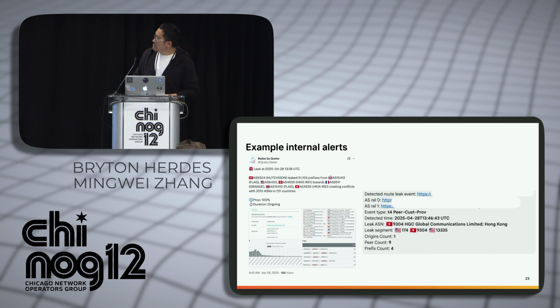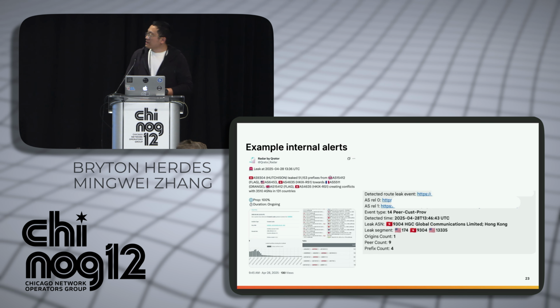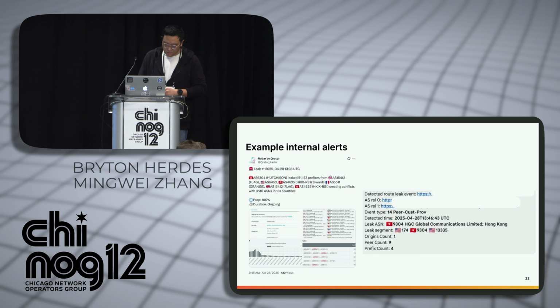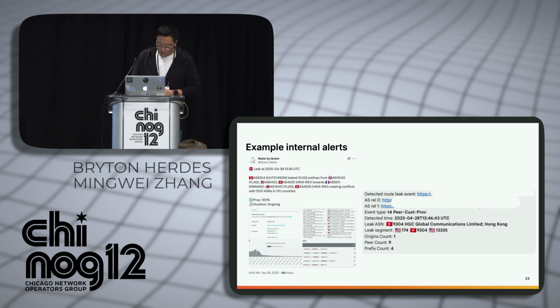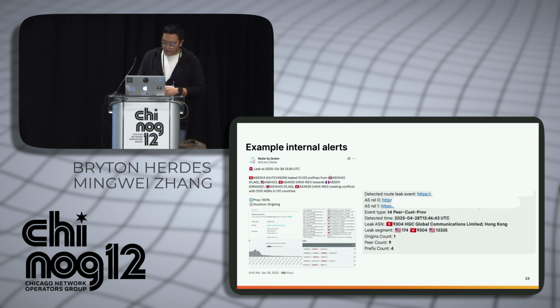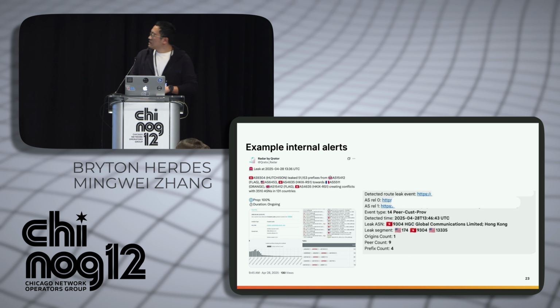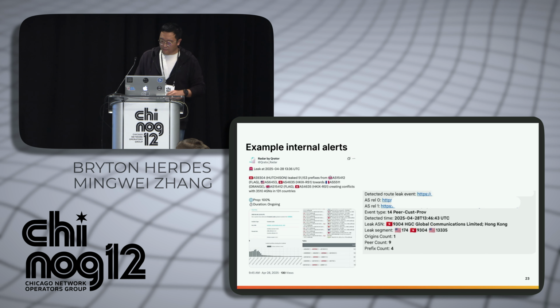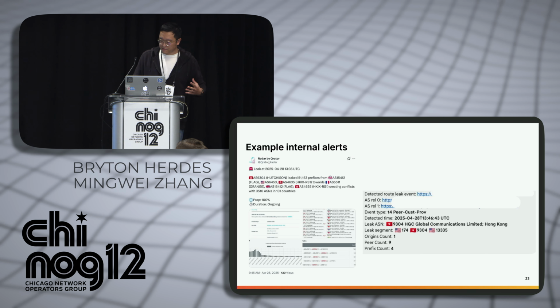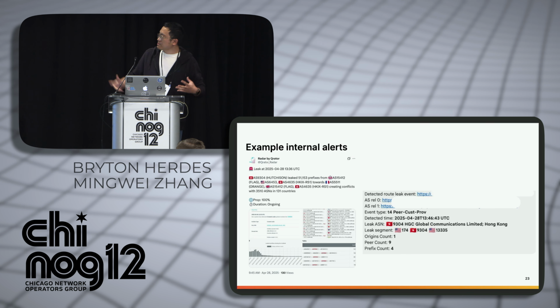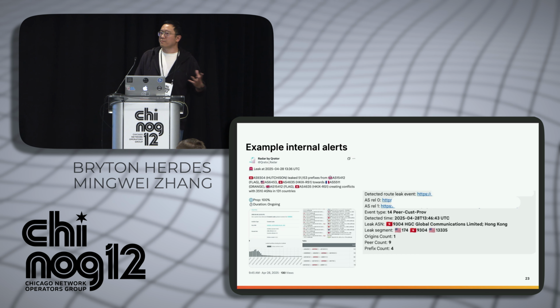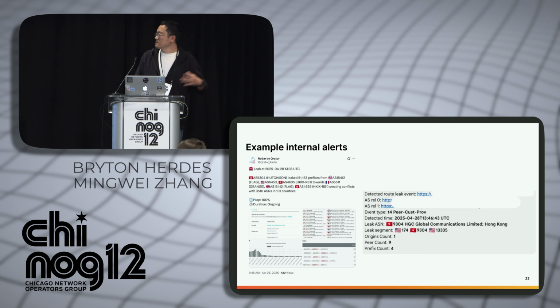Here are some simple alerts that we had in the last week. There was a quite large leak by, I think, an IXP. It's a route reflector company, and they had been leaking a lot of prefixes, and we got alerted within, I think, five minutes of the leak happening.